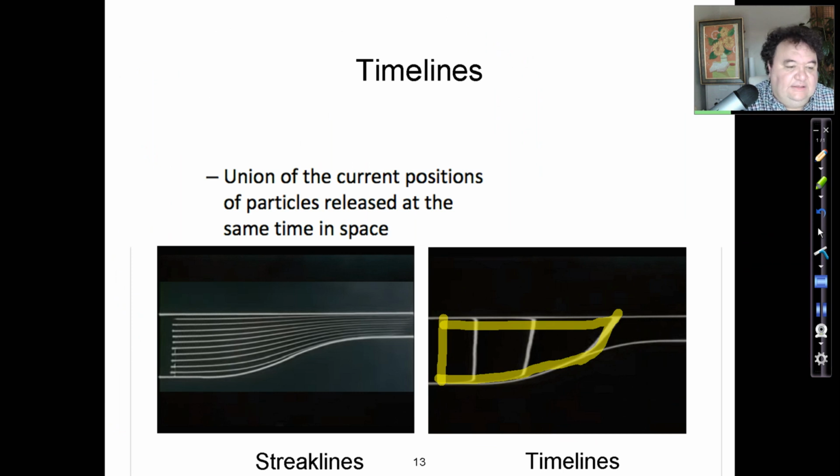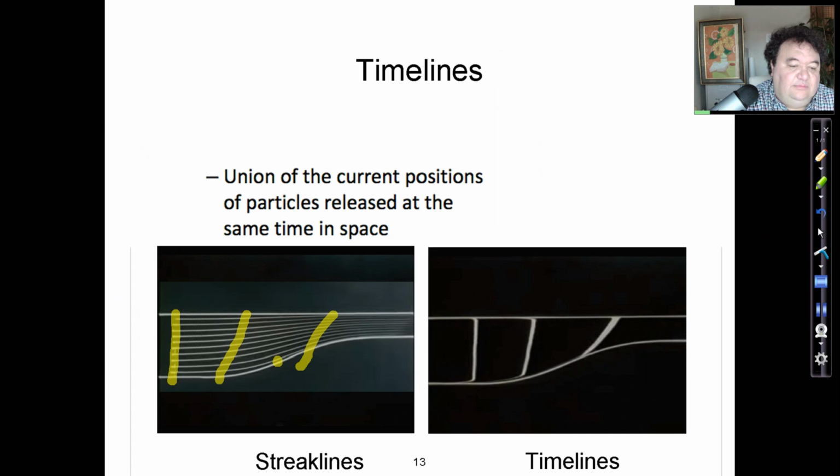And you can see that in the left view, this would not be visible. So a perfectly reasonable hypothesis for timelines would be kind of vertical lines of this type, and that would be wrong information. The reality is that, given the structure we see on the right, in each of those streak lines the advancement gets kind of skewed, with faster advancement on the top, and so the particle that was released, say, at the same time, reaching this particular location at the top will be a little bit farther ahead.